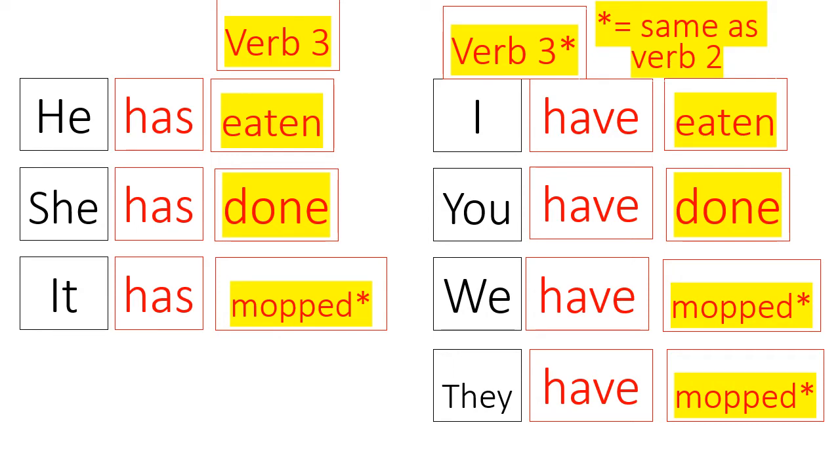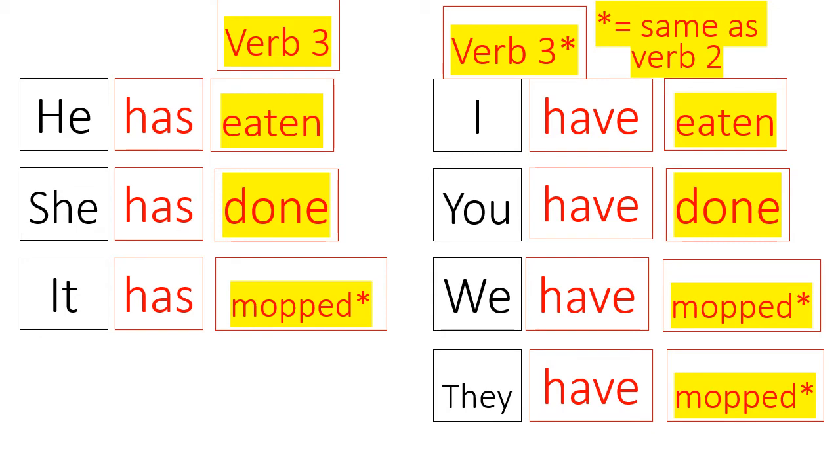So here are other examples of verb 3. She has done. So we say do, verb 1, did, verb 2, done, verb 3. It has mopped. Okay, mopped is actually the same verb 2 and verb 3. So it has a star next to it. So for some actions, verb 2 and verb 3 in English are the same.